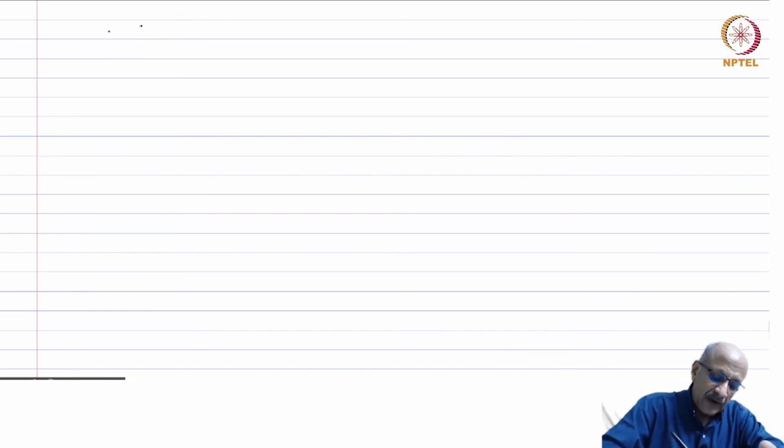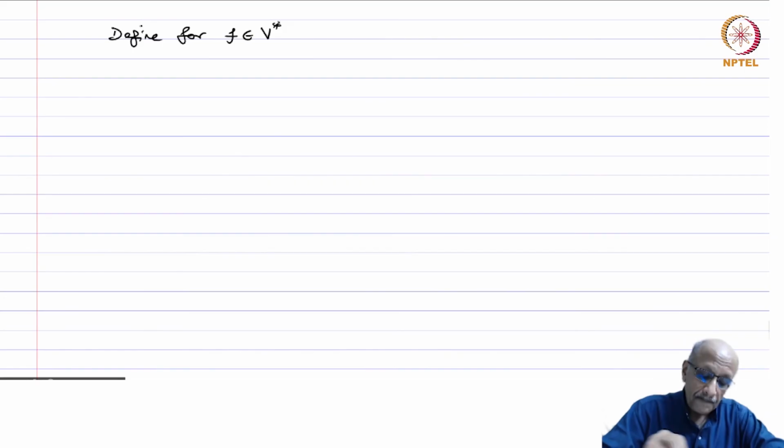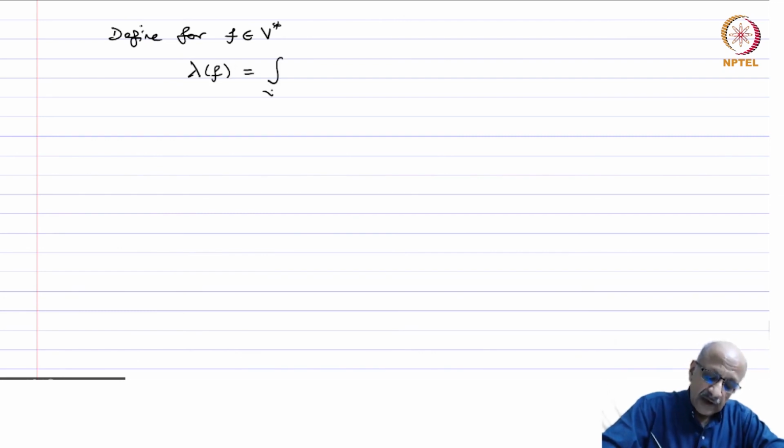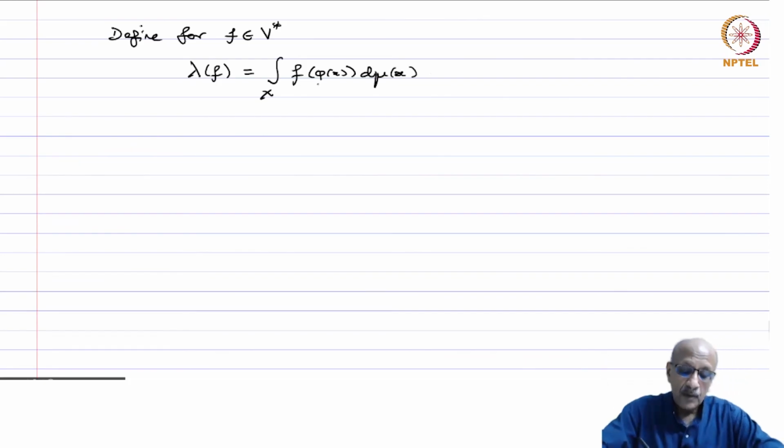Let us define, for f in V star, lambda of f equals the integral over X of f of phi of x d mu of x. You compose it with phi, you get a real valued measurable function, so I can define this.